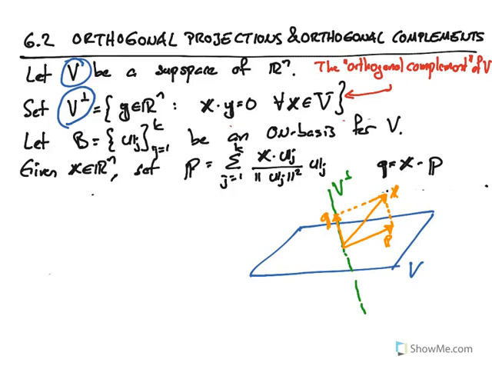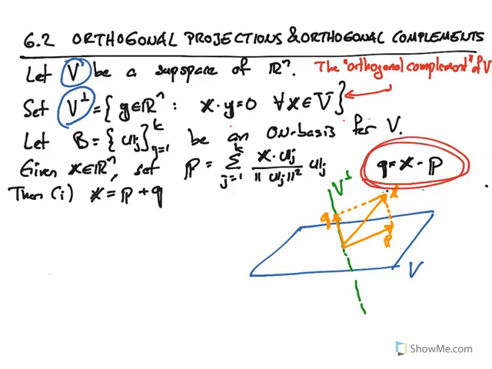At this point, all we need to be completely on board with is the definition of P and Q. I'm given a vector space V, I'm given an orthonormal basis for that vector space, and then given any vector, I define P and Q. Now let's write down a few different facts about P and Q. So first of all, x is equal to P plus Q. This is obvious, because that follows right away from the definition of Q.